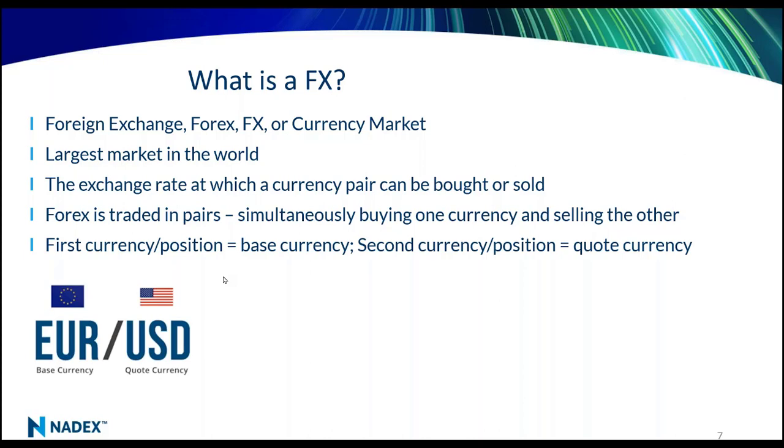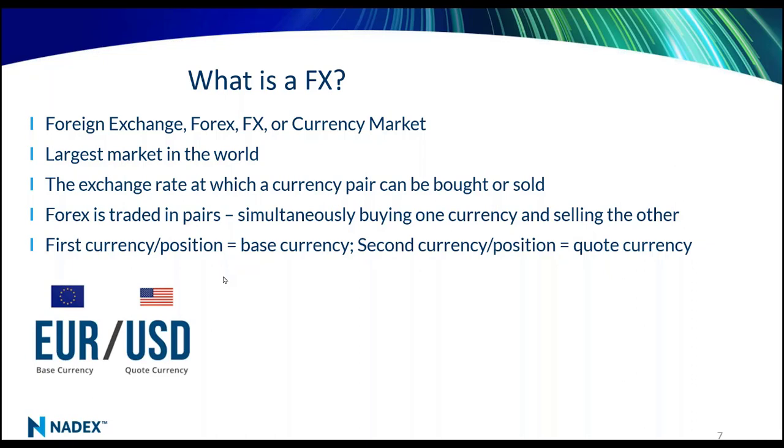When you quote currencies, the first currency, the one in the first position, is called the base currency. The one in the second position is called the quote currency. You can call it the base currency and the quote currency, or you could simply say the first position or the second position.